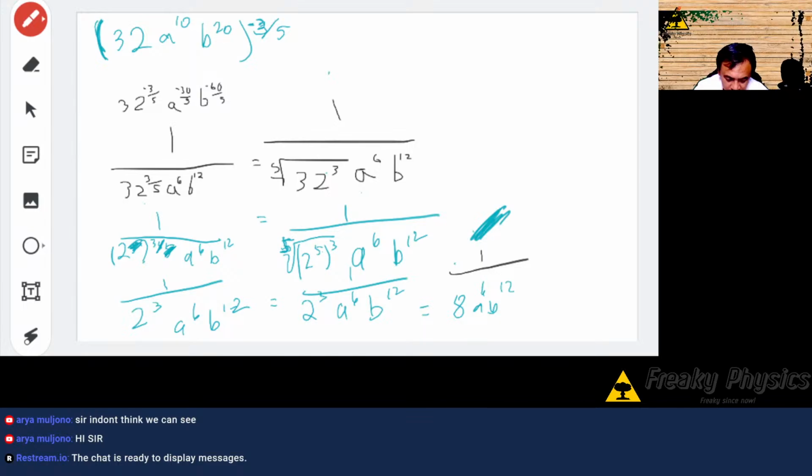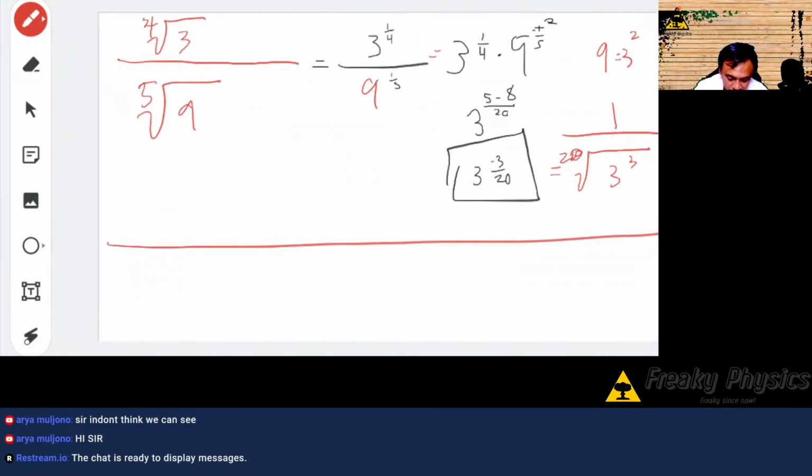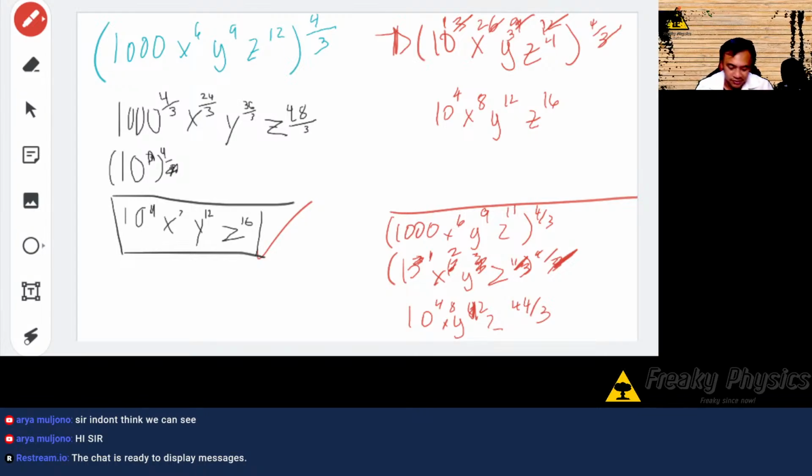Okay. So, before we end, I want to go through this problem. Again, I think everything was in proper order now. But basically here, you write your 1000 as 10 cubed. So 10 cubed raised to 4/3 gives you 10 raised to 4.